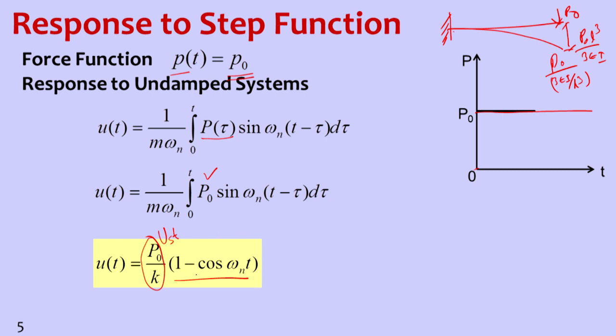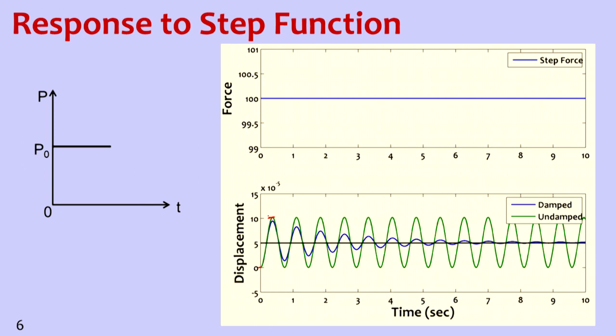As you can see, for the maximum value of this function, if we take one differentiation, du by dt, and make it equal to 0, then at regular intervals it will become maximum, minimum, maximum, minimum.